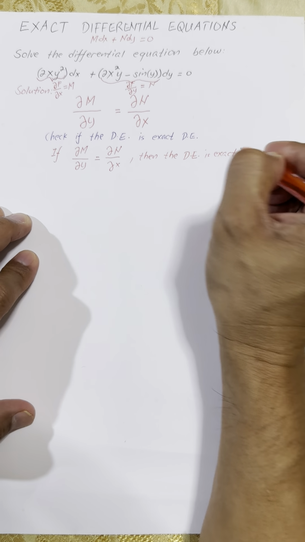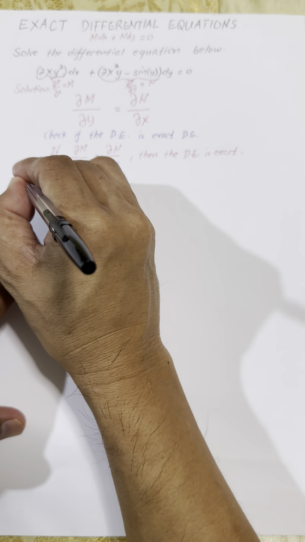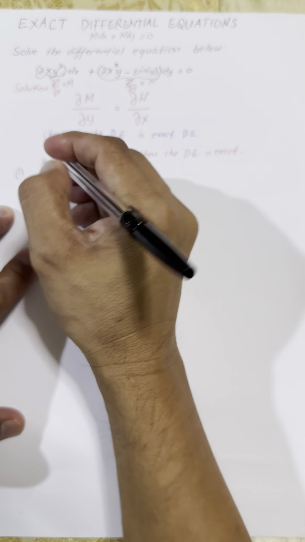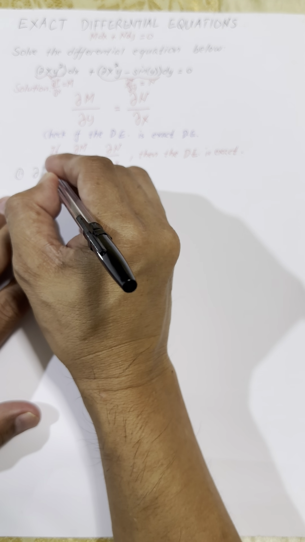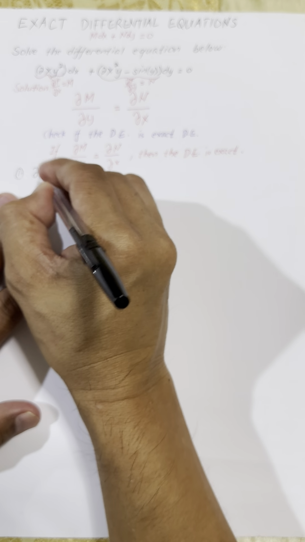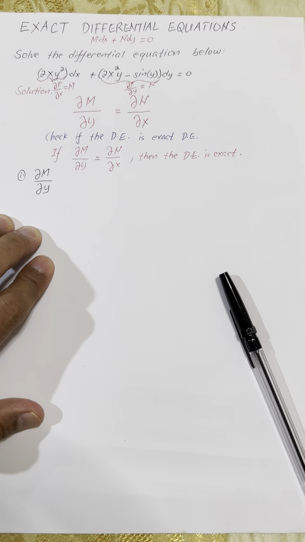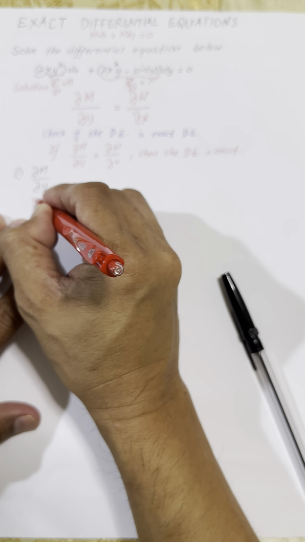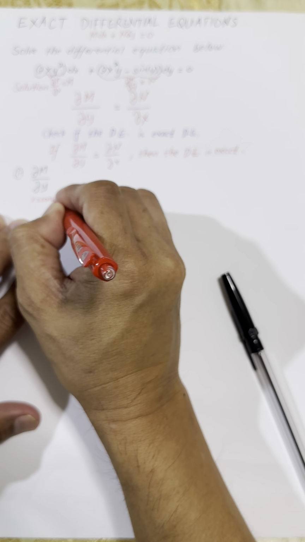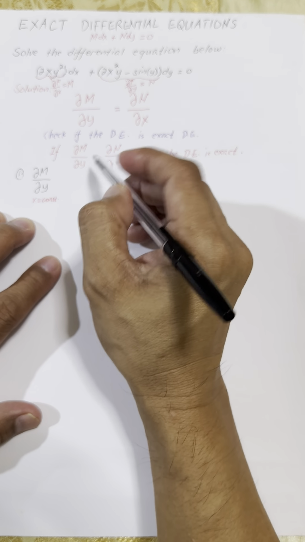So if the given DE is exact, then we have step 1. We take the partial derivative of M with respect to y. So if we take the partial derivative of M with respect to y, we consider x as constant. Okay? So what is our M? Our M is this one.